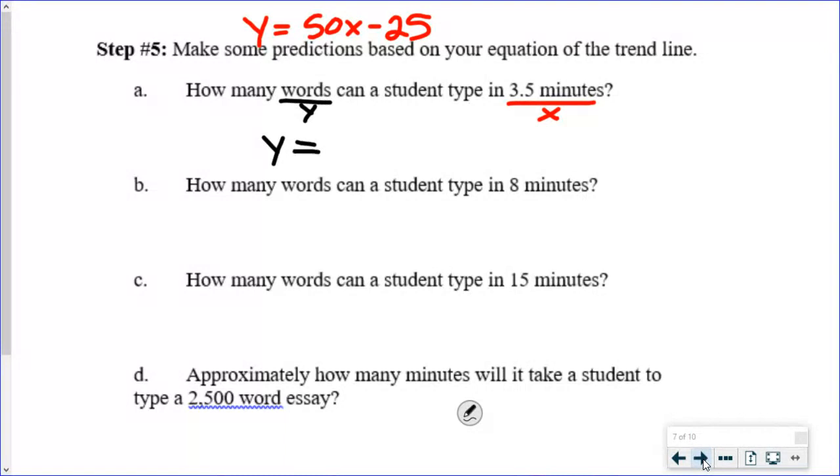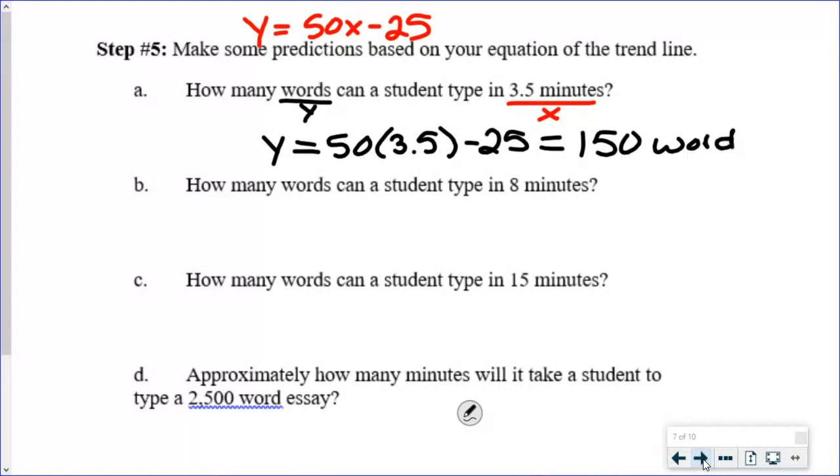If I have 3.5 minutes, I do 50 times x minutes, and now I just put it in my calculator. So get your calculator out. Here we go. I do 50 times 3.5 minus 25, and I get 150 words. So I should get about 150 words typed if I type for 3.5 minutes based off of the data.